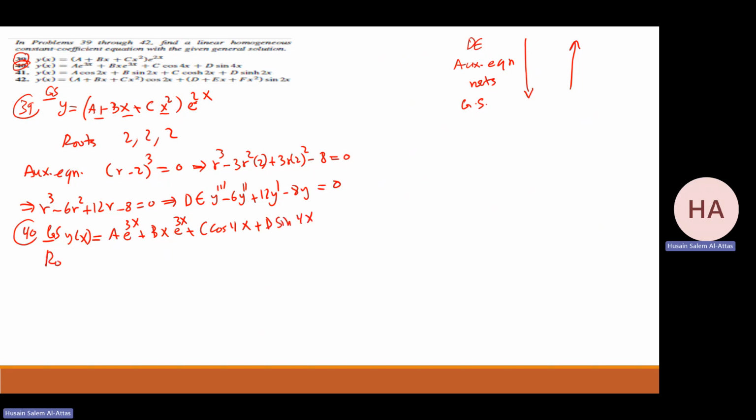What are the roots? This I have 3x, 2 times. And I have cosine 4x. Cosine 4x means I have what? Plus or minus 4i. Those are the roots. Okay. So it will be my equation.